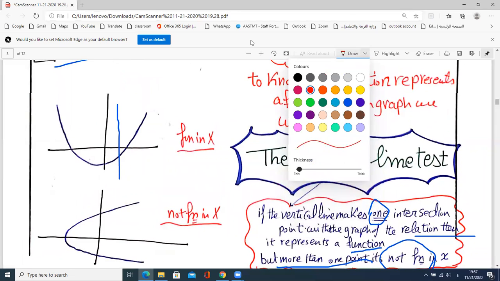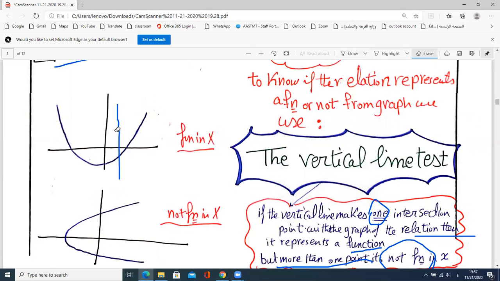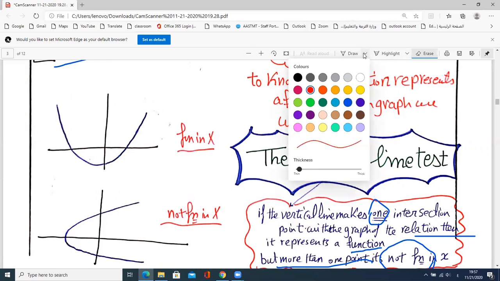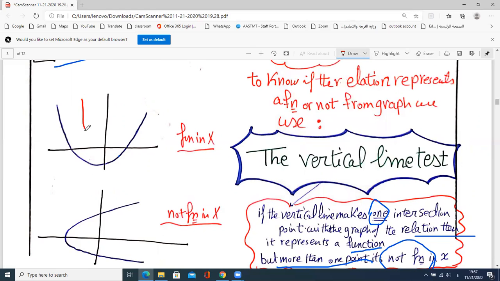Okay, let's see how to do this test. In the first graph, we have this relation, and we want to figure out if it's a function or not a function. We are gonna draw a vertical line anywhere. This vertical line makes only one intersection point with the graph.